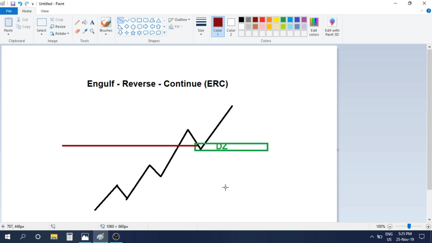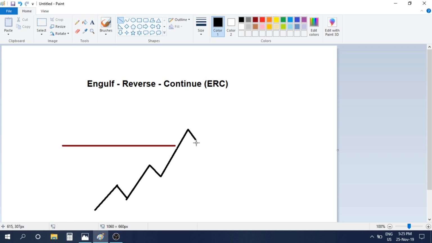Second case could be, I'm sure you have taken note of this, right? I'm just going to rewind a bit. Second case could be that price reverses just a bit.